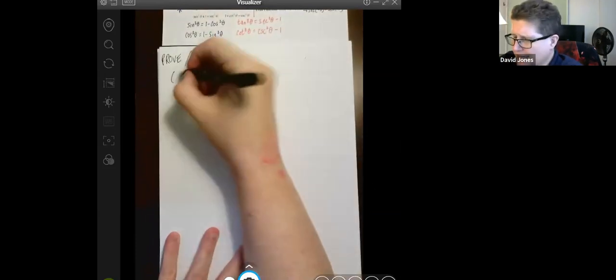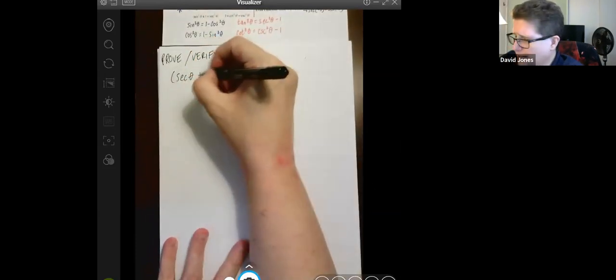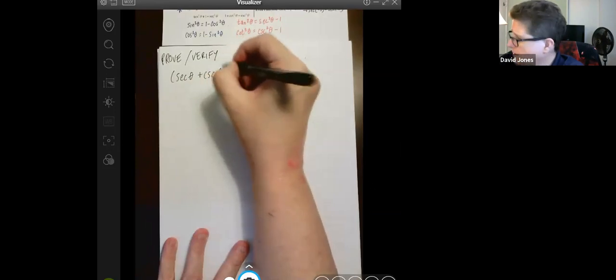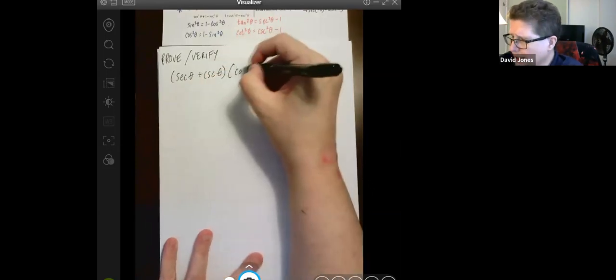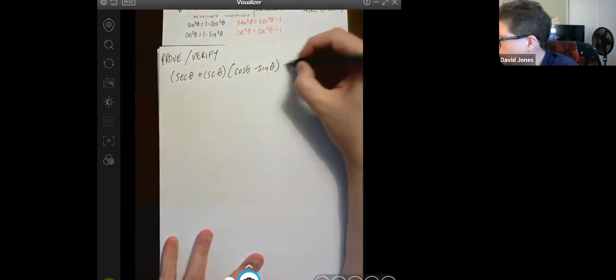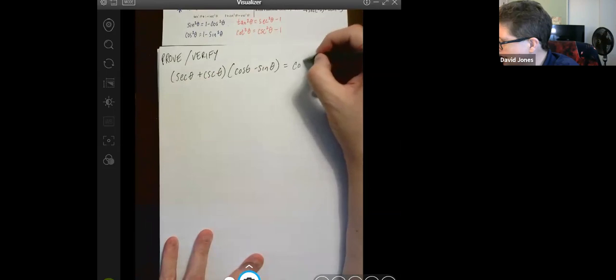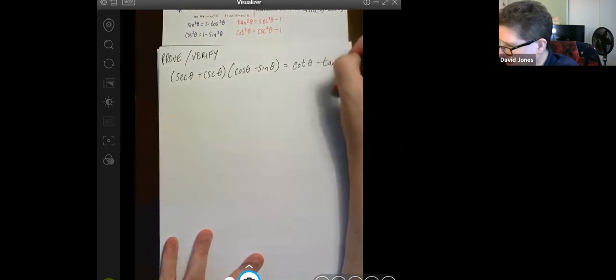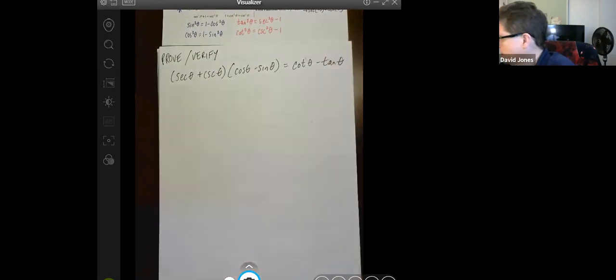We've got secant theta plus cosecant theta times cosine theta minus sine theta equals cotangent theta minus tangent theta. Well, the right-hand side definitely looks simpler, so let's work the left.